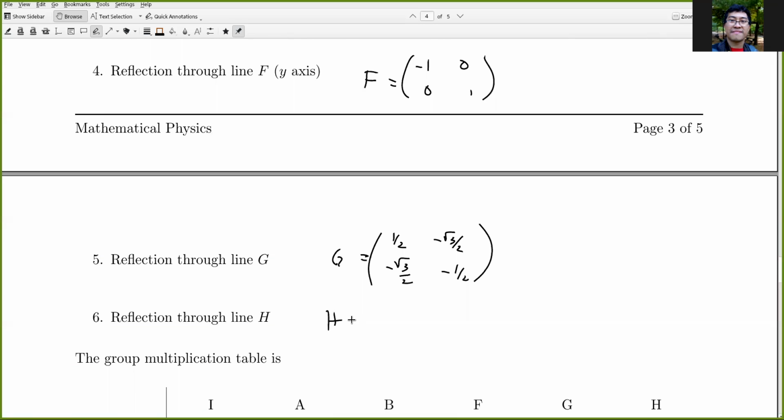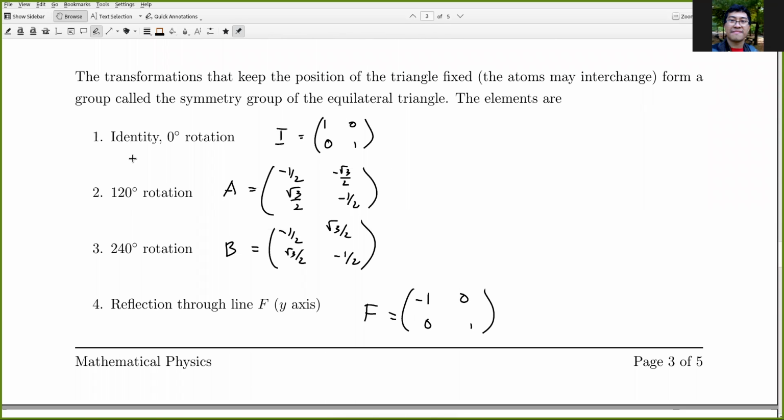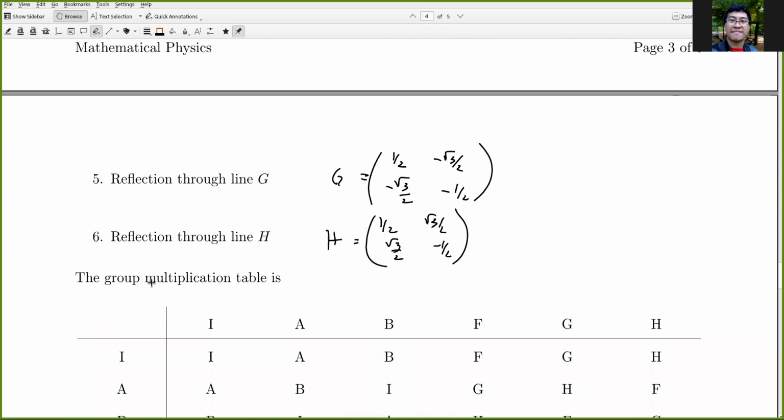And lastly, for H, you have 1/2, square root of 3 over 2, square root of 3 over 2, and negative 1/2. So these are the matrix representations of the symmetry elements, which are transformations.